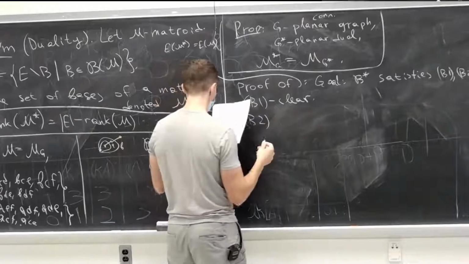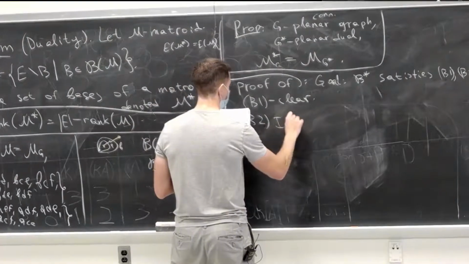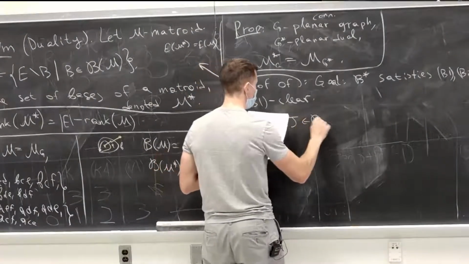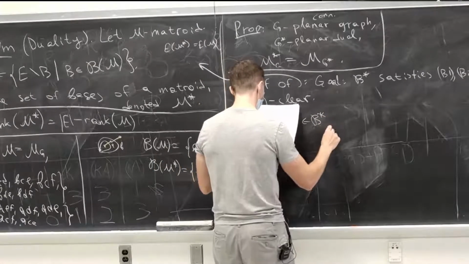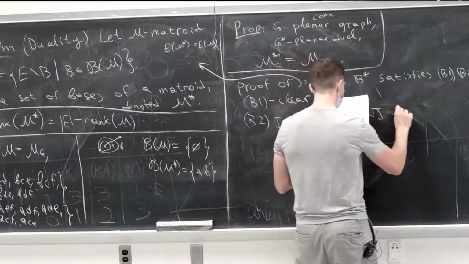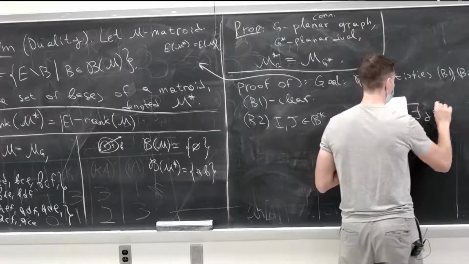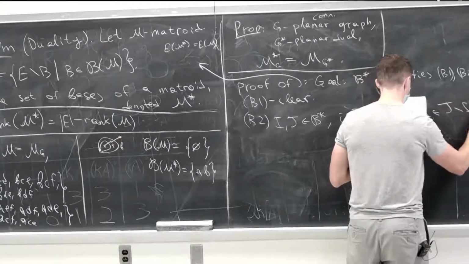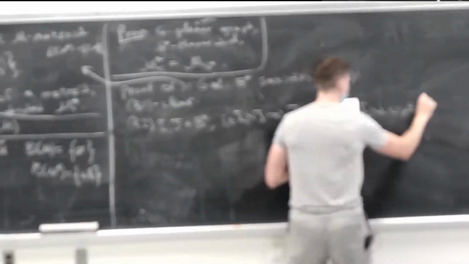B2 tells me that for each I and J in B star, and for each i in I minus J, there exists j in J minus I such that I take away i union j is in B star.